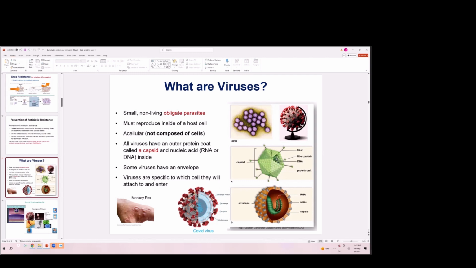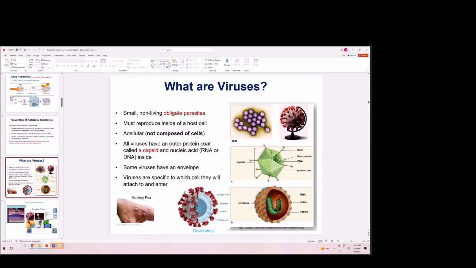And in addition to this capsid, some viruses might have an envelope, which would have some proteins and carbohydrates poking out of them, like the coronavirus. The viruses that cause COVID, we usually say the capsid has spike proteins on them, this red stuff on them. The monkeypox virus.